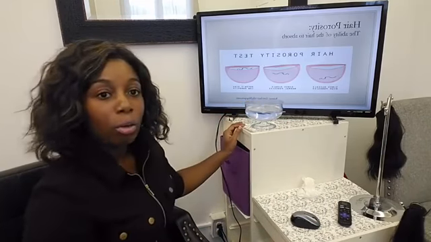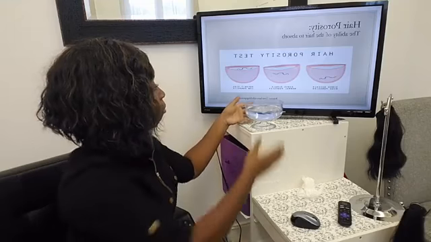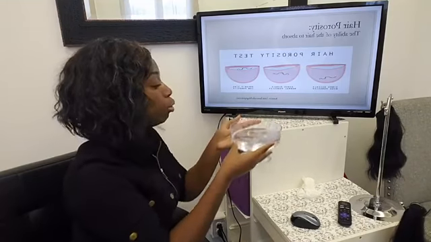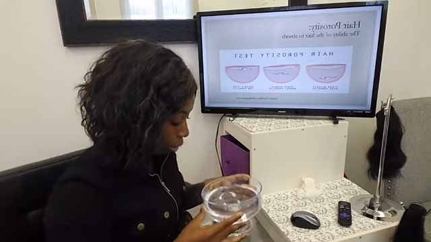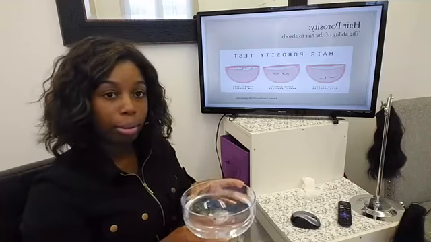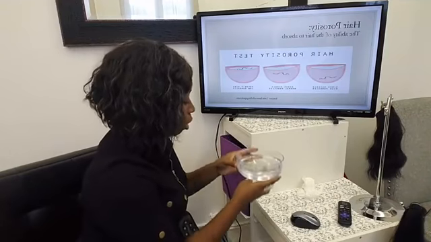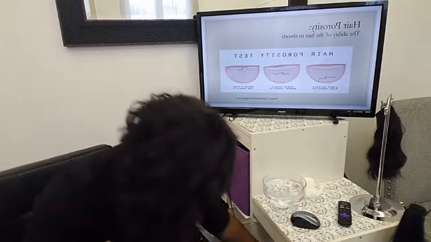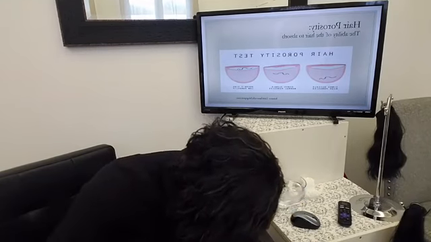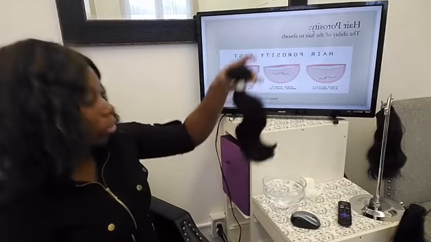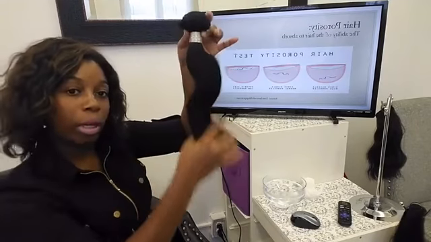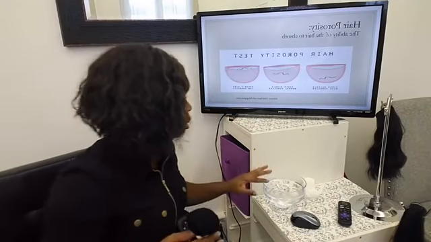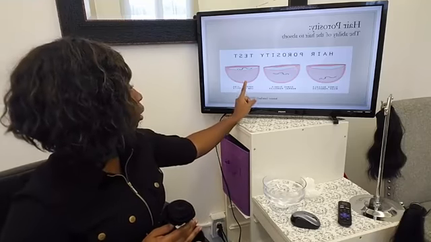Okay, we filled up some water, and I've put 2 strands of hair in here, and I know you probably can't see it because of the reflection of the water, but one of the hairs that I put in was actually a piece of this hair here, and it's actually still floating on top of the water.